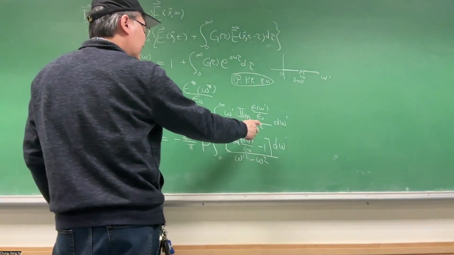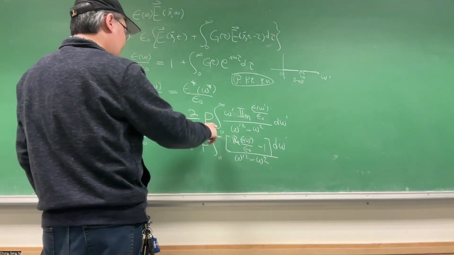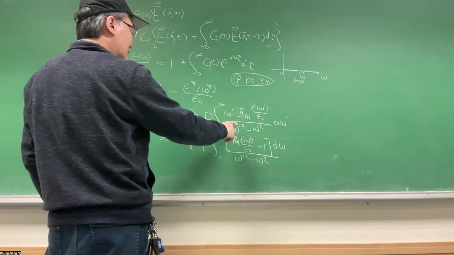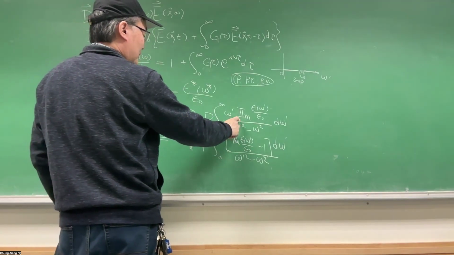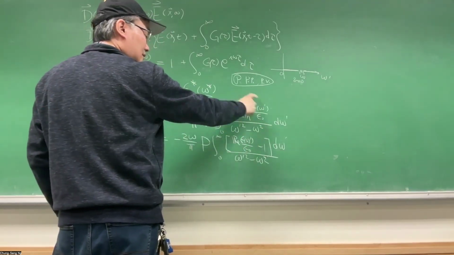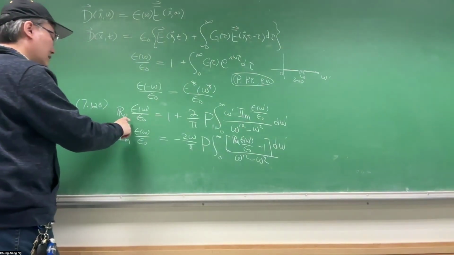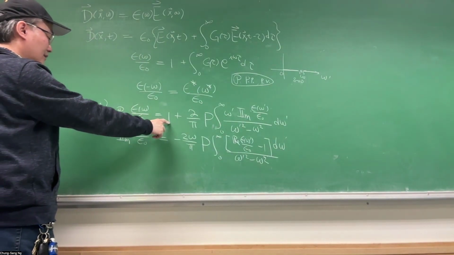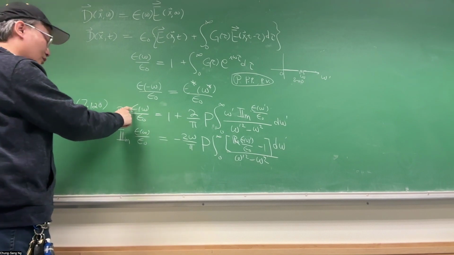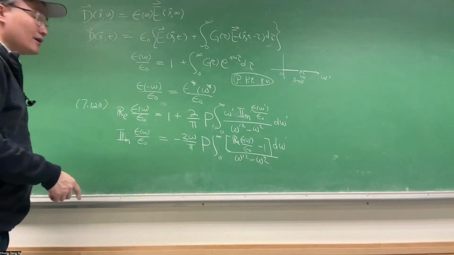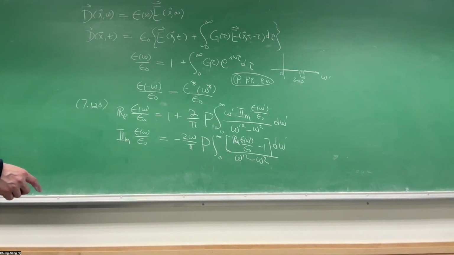But if you have a medium without dissipation, with the imaginary part of epsilon zero, the whole integral will be zero, right? Then the real part is just epsilon zero, exactly epsilon zero. But that's the vacuum situation, right?